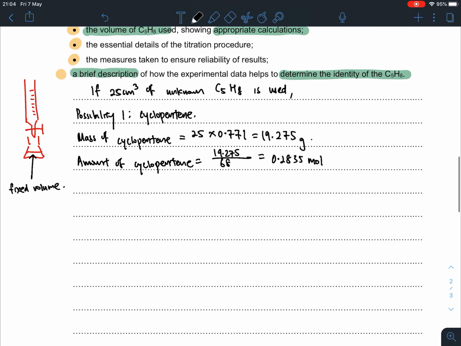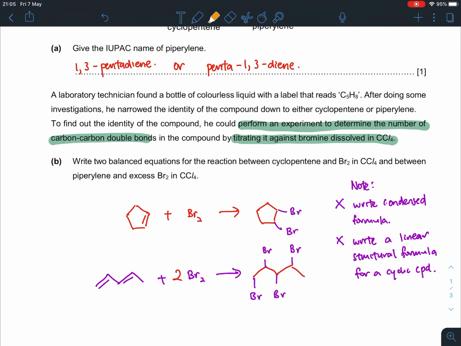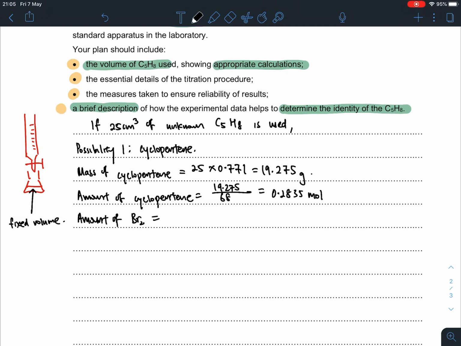And we will continue with some form of calculation. In such a case, if I've used 25 cm cube of cyclopentene, I also can find out that based on the equation that I found in the previous part, cyclopentene and Br2 is 1:1. Okay, which means that the amount of Br2 that is required is also 0.2835 mole.